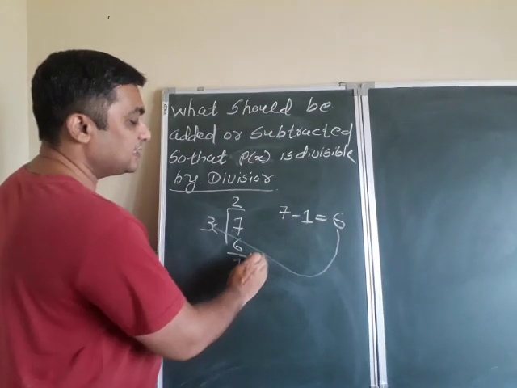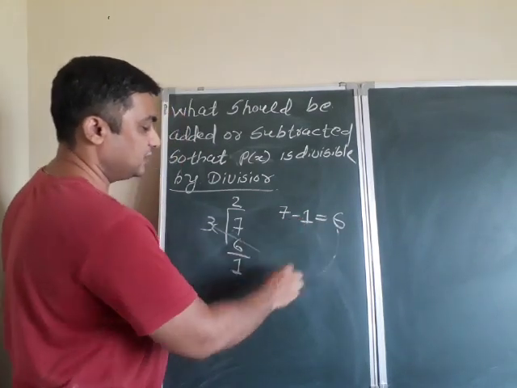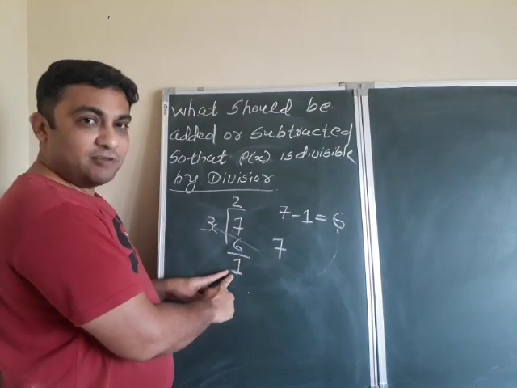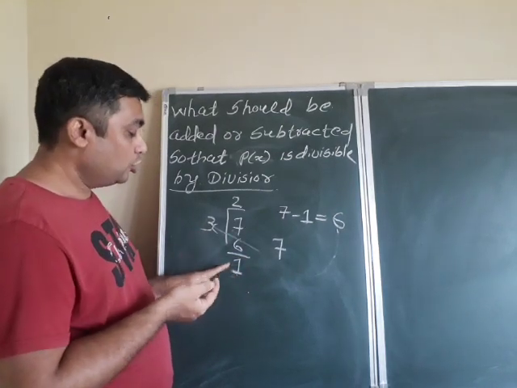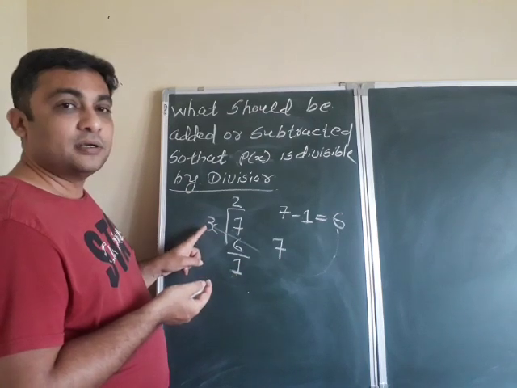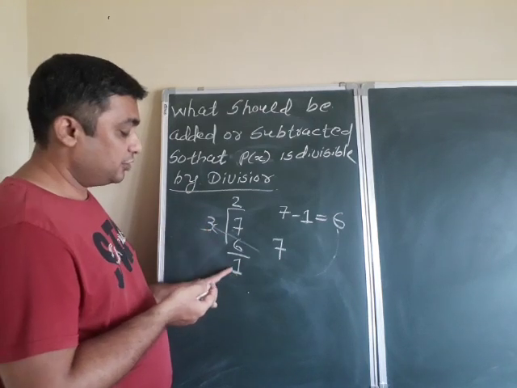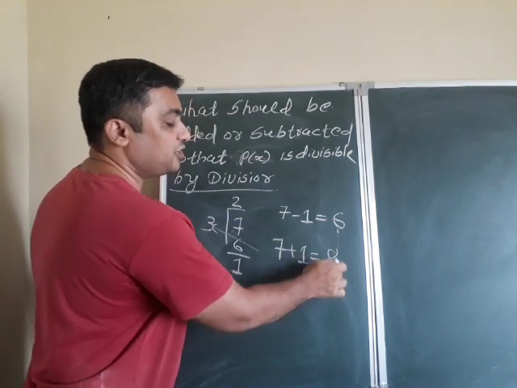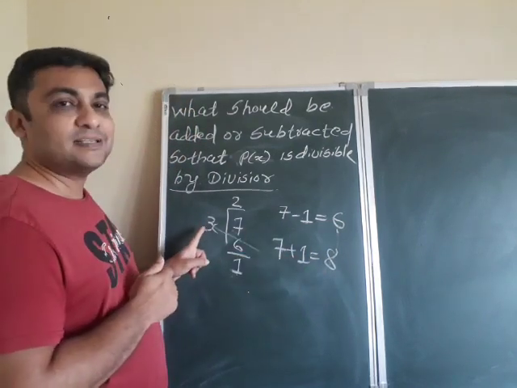Okay? And sometimes they ask in reverse: what should be added? Your remainder would be 1. So what should be added so that it would be divisible by the divisor? If you add 1, 7 plus 1 is 8, and 8 is not divisible by 3.